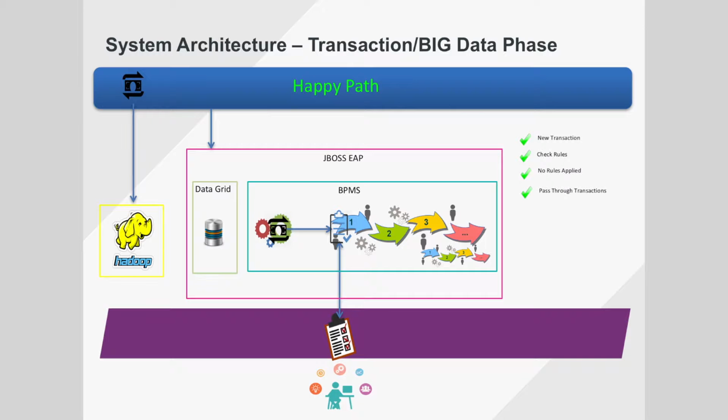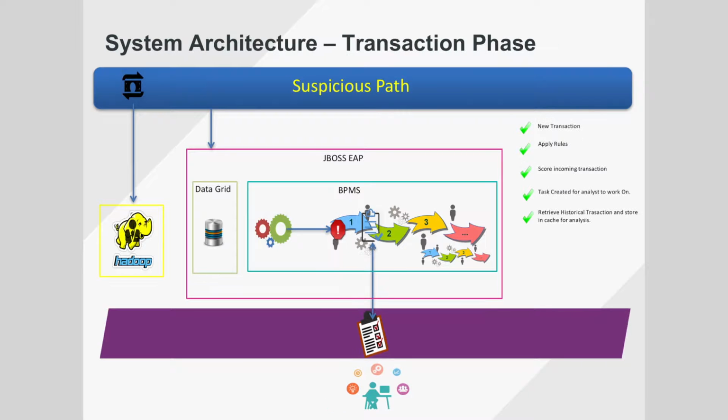We think it's cool. It's good. Now, if a transaction comes in that we think is suspicious, when it hits those rules, an alert goes up, and a task is assigned to a particular business user, a fraud analyst, for additional work. Right? We want to enable them to analyze that transaction, so we're going to expose our historical data, which has been loaded into our data grid and made easily accessible to the UI.